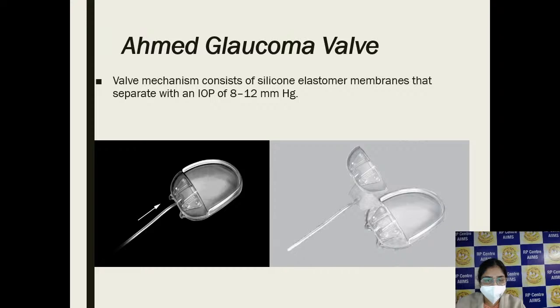If the IOP is less than 8, the valve won't open and the fluid won't drain, so the intraocular pressure would remain around 8. While if the pressure is more than 12, the valve will again close and it won't drain properly.